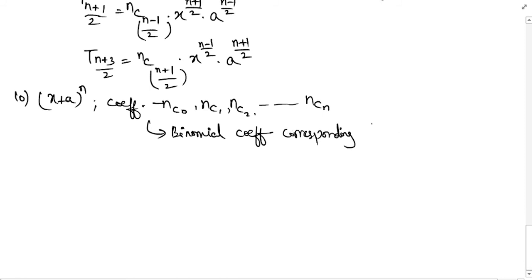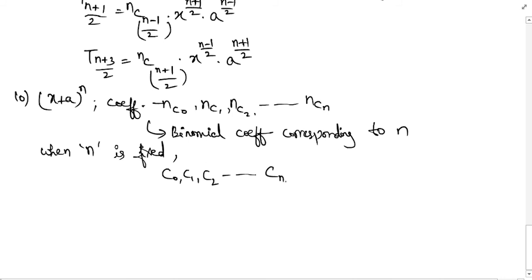Okay, and if n is fixed, then we will usually denote these coefficients by C0, C1, C2. Instead of writing it as nC0, nC1 all the time, we can write it as C0, C1, C2, so on up to Cn. Okay.